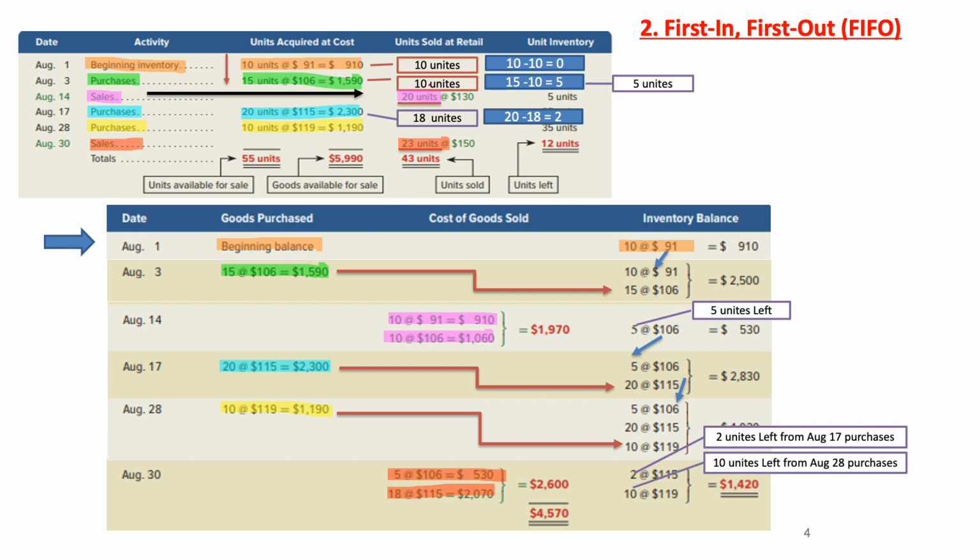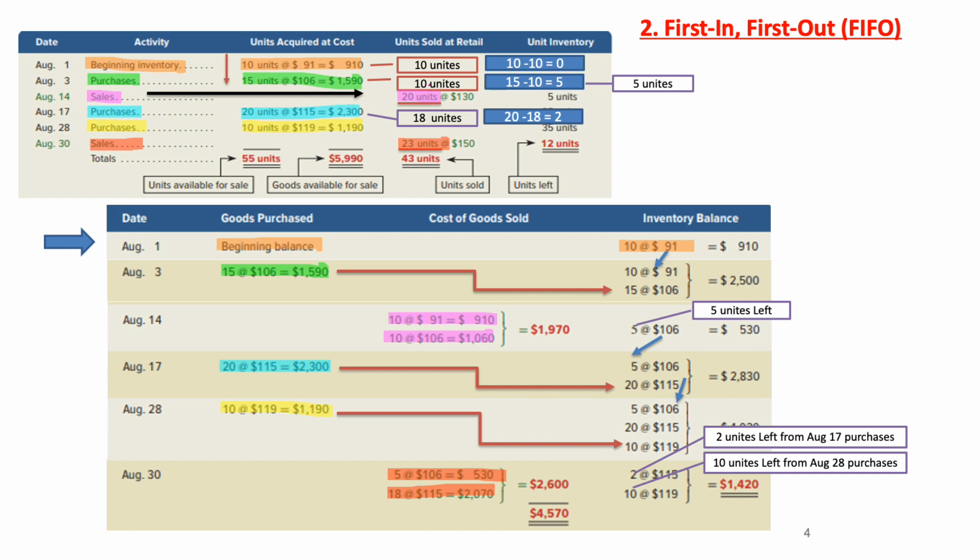So we have 2 units left from August 17 purchases, and I have 10 units left from August 28. Why? Because the beginning inventory is 0, and August 3rd is also 0 because we have 5, but we sell the 5 units, so we have also 0. So only what units are left? We have 2 units left from August 17 and 10 units left from August 28.